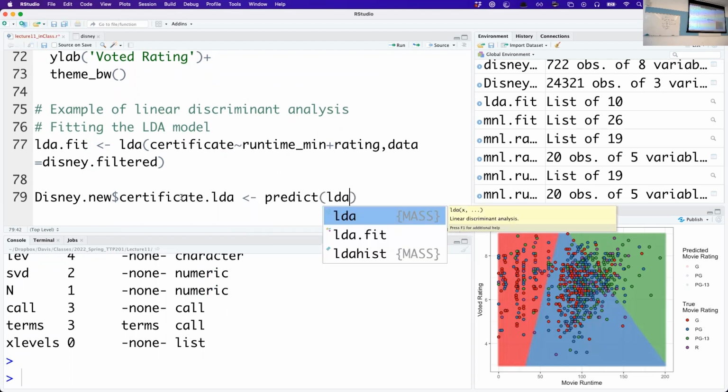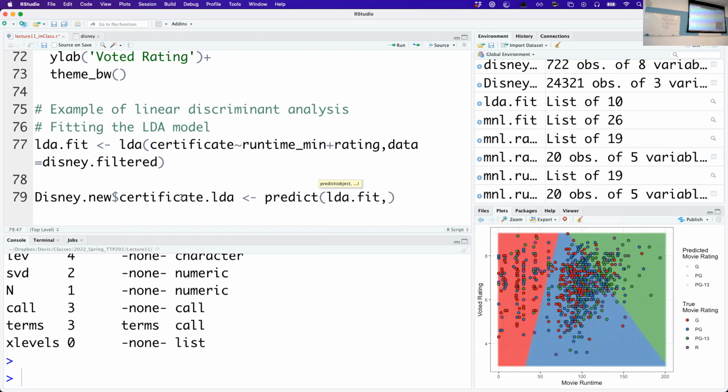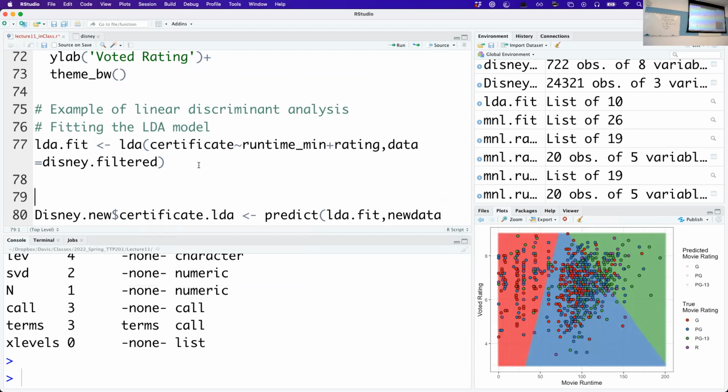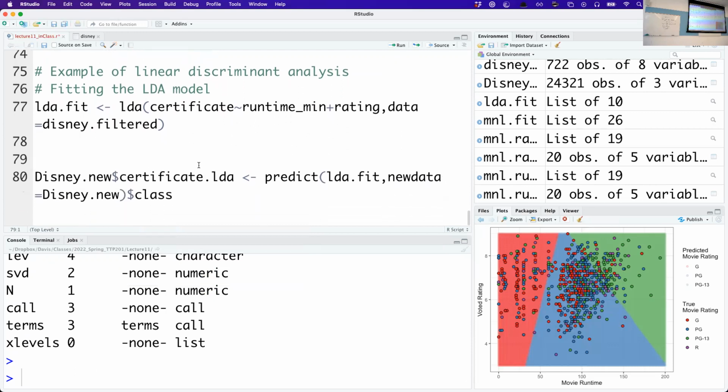So here, we're going to do prediction using the grid of values that we had created before, right?